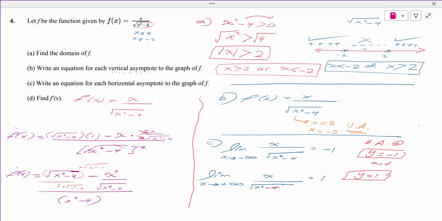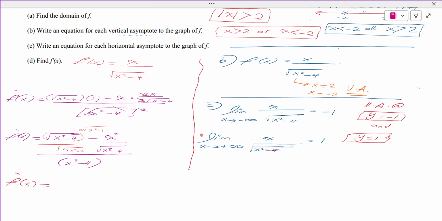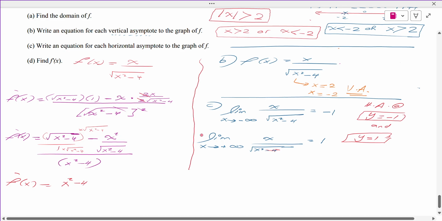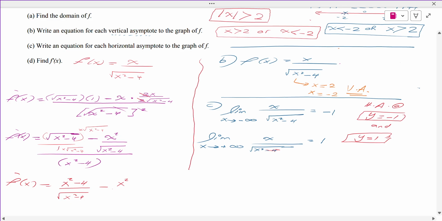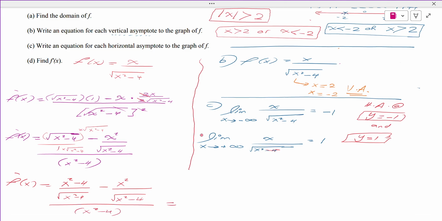Let's see. So f prime of x will equal root of x squared minus 4 times root of x squared minus 4, which will be x squared minus 4, over root of x squared minus 4, minus x squared over root of x squared minus 4, all over x squared minus 4.